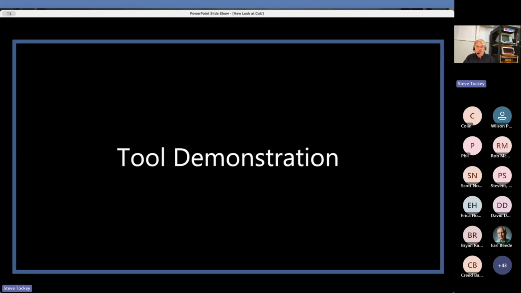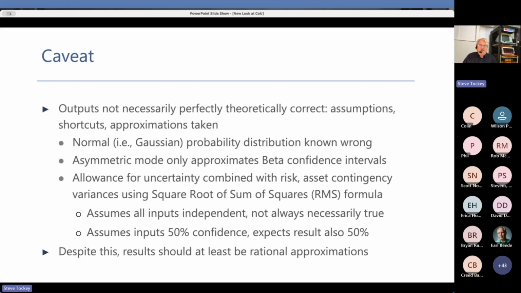Okay. So now we're ready to go into the demonstration of the tool. I'm going to start off with a little caveat here. The outputs that are coming out of the tool are not necessarily perfectly theoretically correct numbers. There's some assumptions built in, there's some shortcuts, there's some approximations.